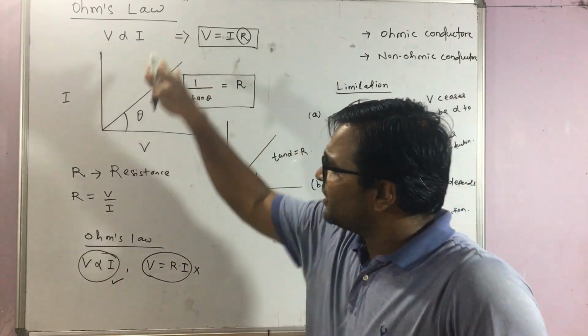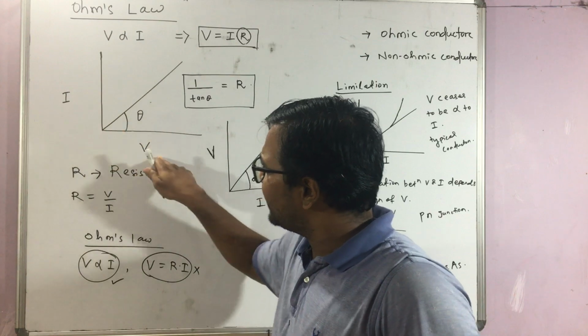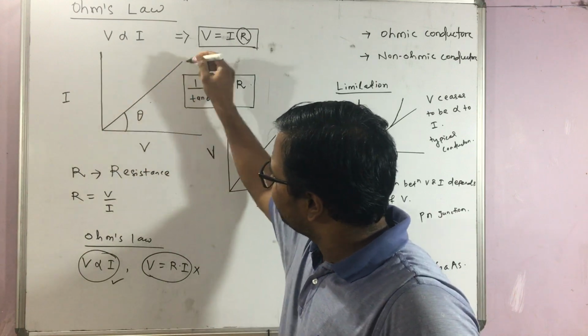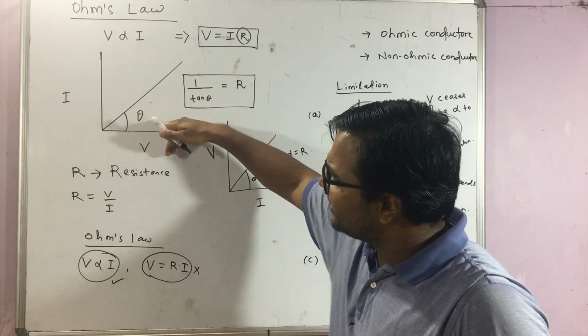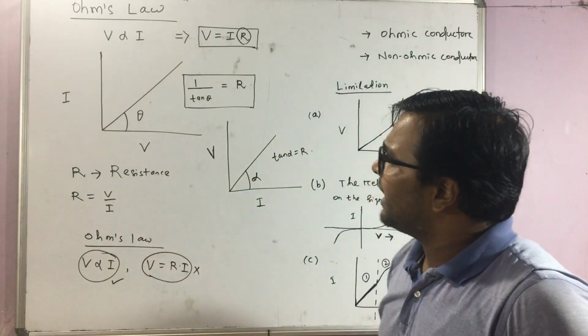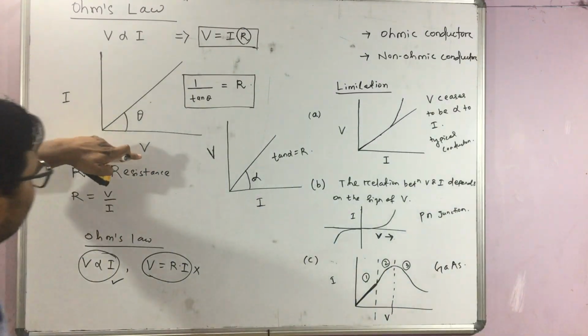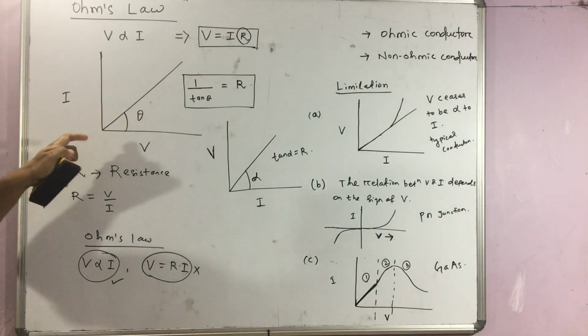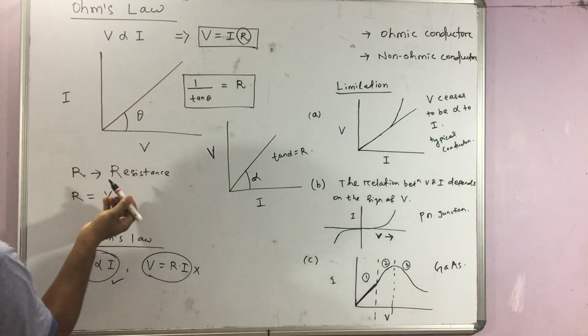Now let us understand what Ohm's law is. If you plot a graph between V and I, the graph will become a straight line, meaning there is a linear relation between V and I, given by Ohm's law. If you take V on the x-axis and I on the y-axis, the graph looks like this.